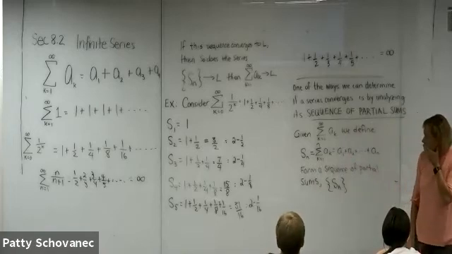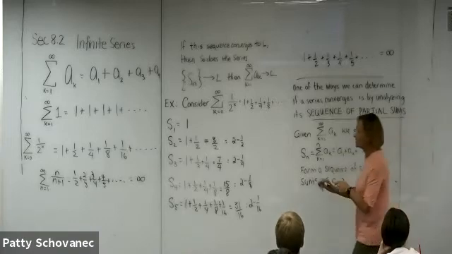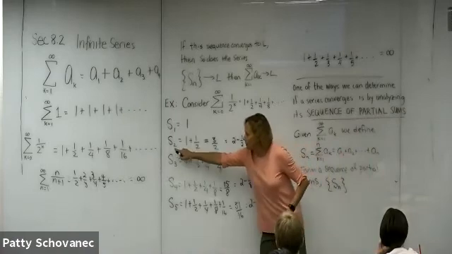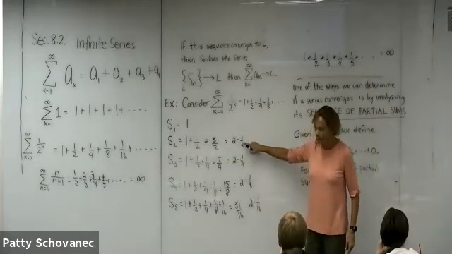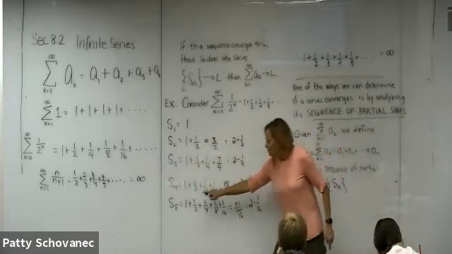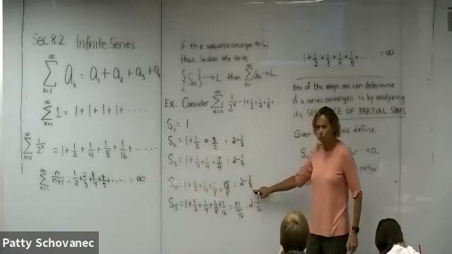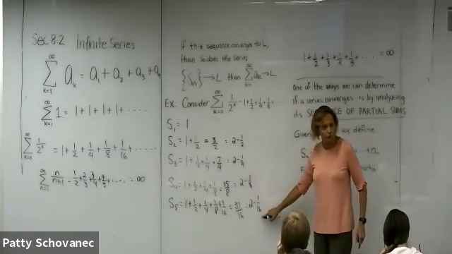2 minus 1 over 2 to the 9th? Yeah, because you can start with 2 minus 0. The second term, I'm subtracting 1/2 to the first power. The third term, this is 1/2 squared. The fourth term has a 1/2 cubed. The fifth term has a 1/2 to the fourth.